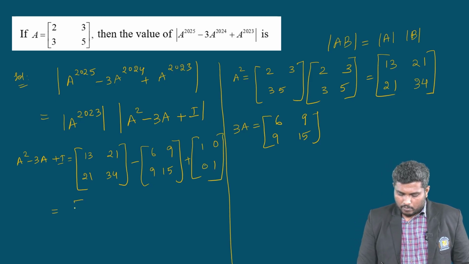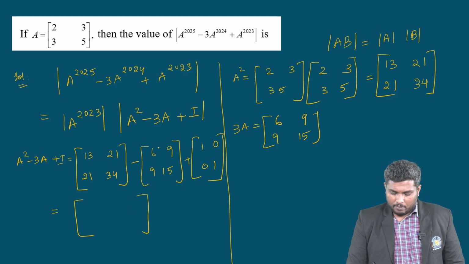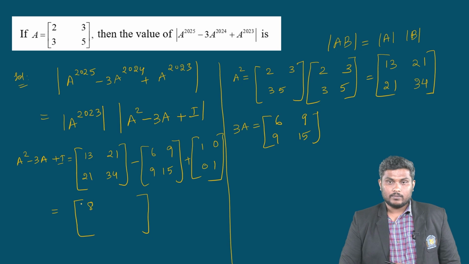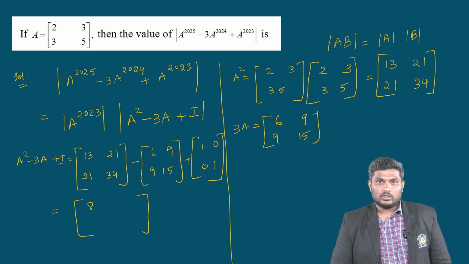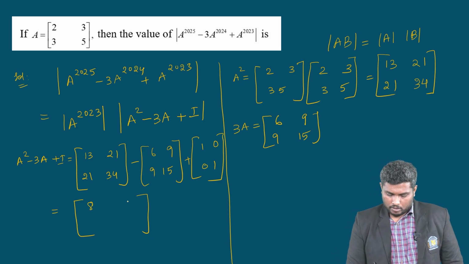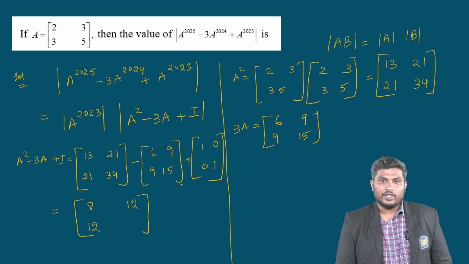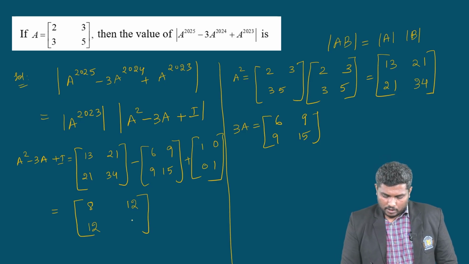So the matrix will be 13 minus 6 is 7, 7 plus 1, 8. 21 minus 9 is 12, 12 plus 0, 12. 21 minus 9 is 12, plus 0 is 12. 34 minus 15 is 19, plus 1 is 20.